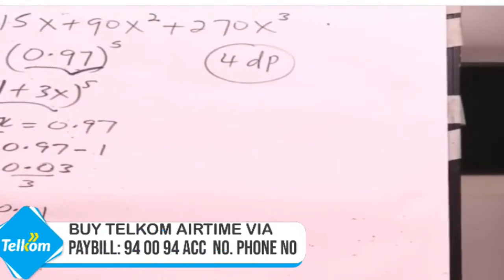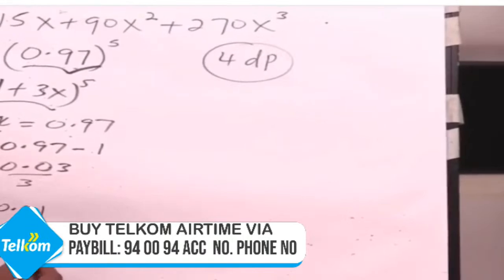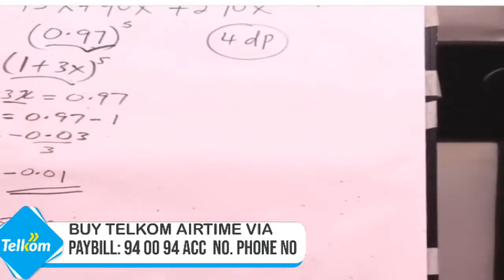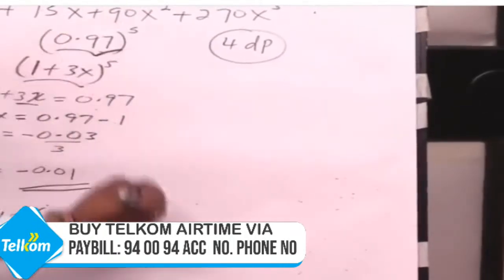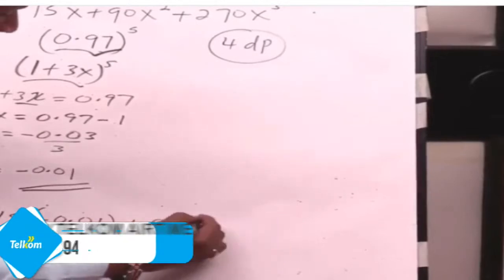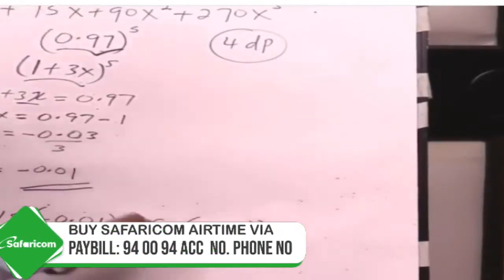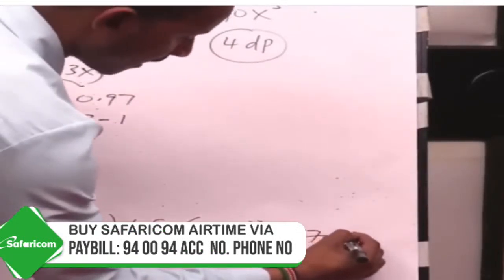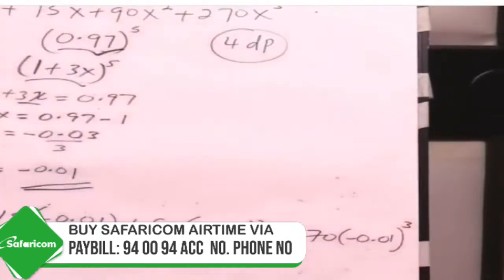So come back up here, 1 plus 15x, but x is minus 0.01. Okay? Plus 90x squared, minus 0.01 squared, plus 270x, which is minus 0.01 cubed.